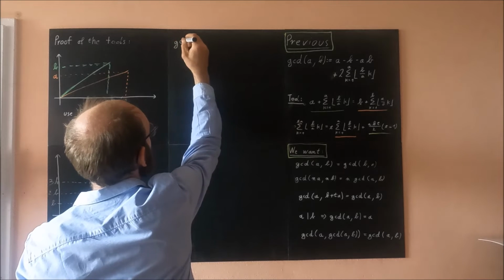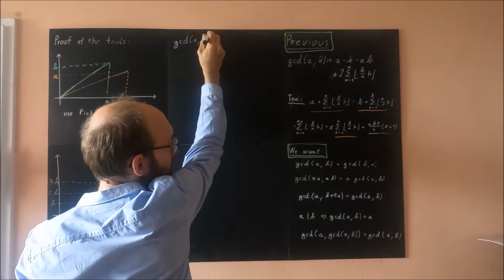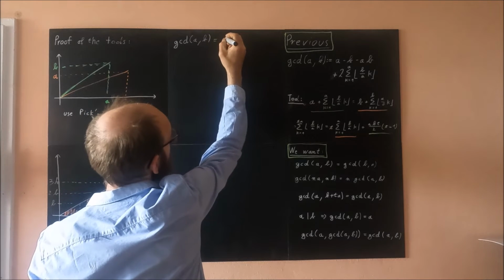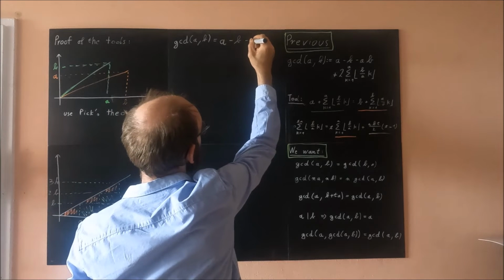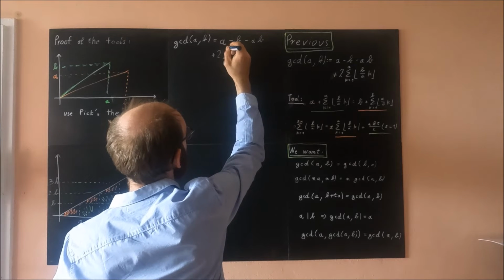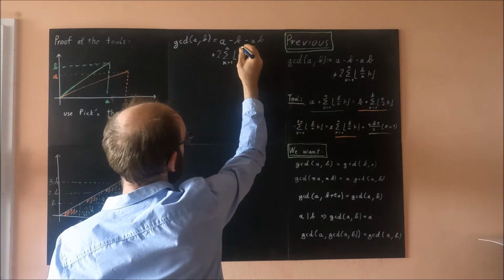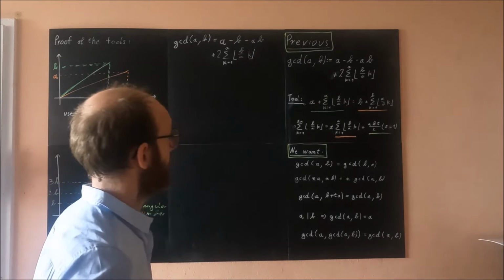So we start on the left hand side, GCD of A and B. This is by definition a minus b minus ab plus 2 times the sum where k runs from 1 up to a of b over a times k.